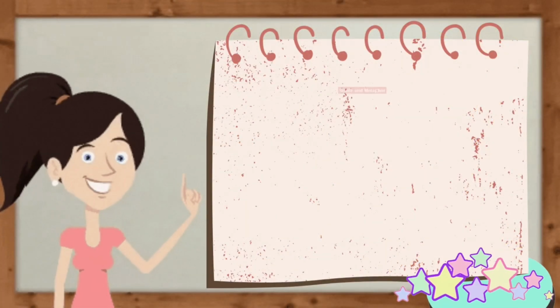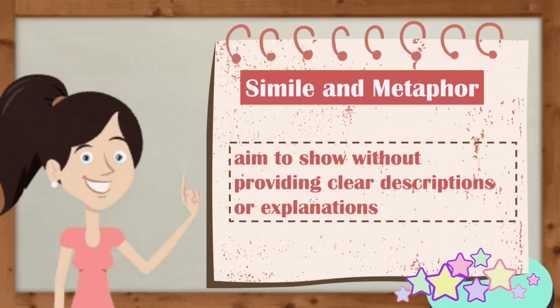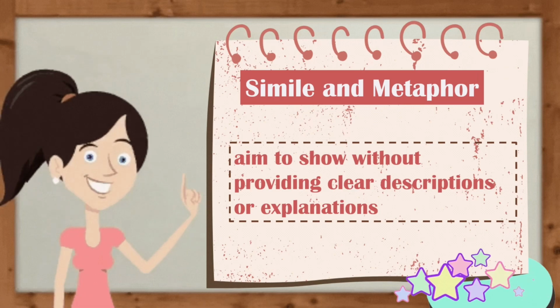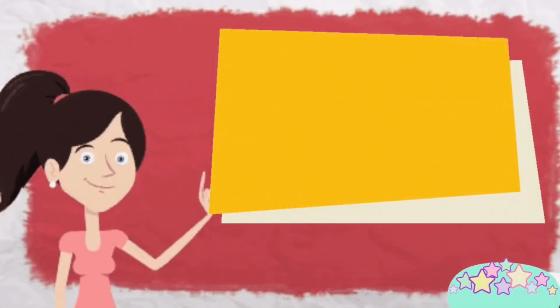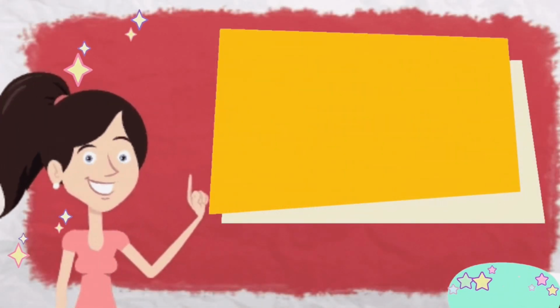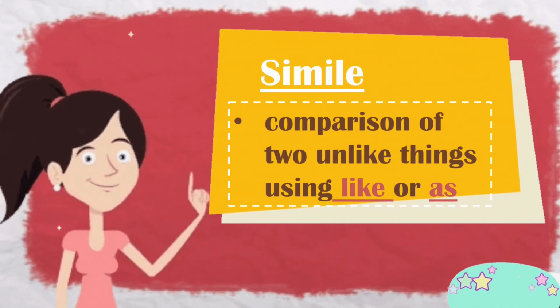Meanwhile, figures of speech like simile or metaphor only aim to show without providing a clear description or explanation. When we say simile, it is a comparison of two unlike things using the word like or as.